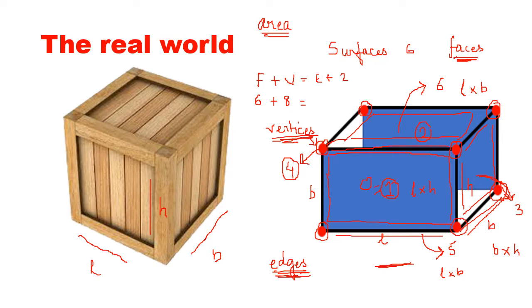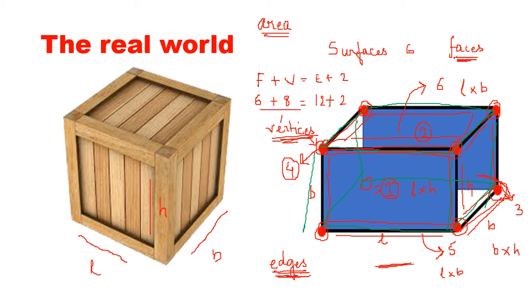The edges are 1, 2, 3, let me put it in green. The edges are 1, 2, 3, 4, 5, 6, 7, 8, 9, 10, 11 and 12. So we have got 12 edges, and plus 2 is the formula.